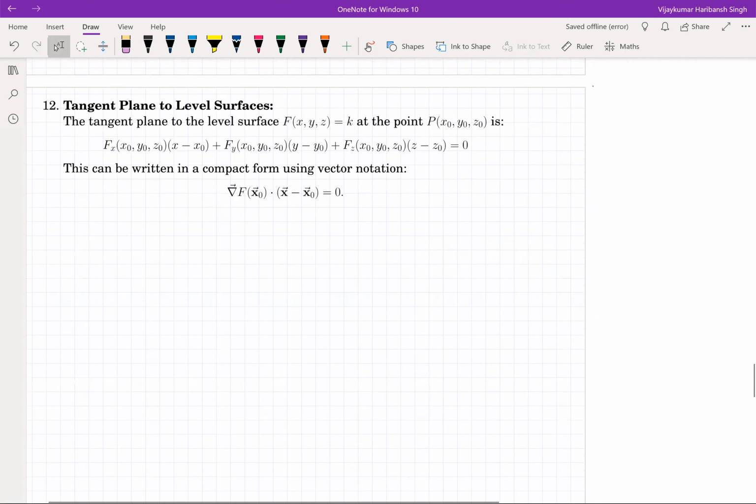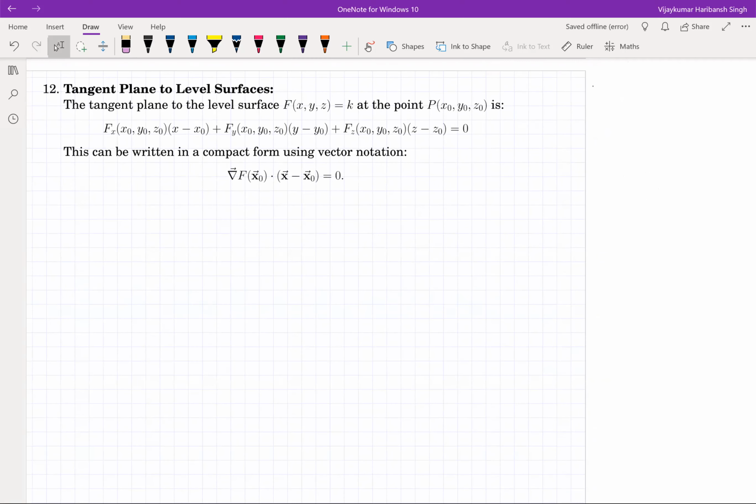All right, so now we want to talk about the tangent plane to the level surface. So what is a level surface? Note that a level surface is when you take f of x, y, z and equate it to k. Then you get what is called a level surface. So let's draw a level surface and look at the tangent to that.